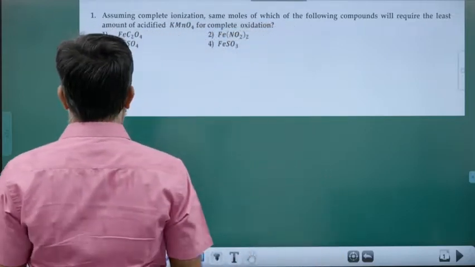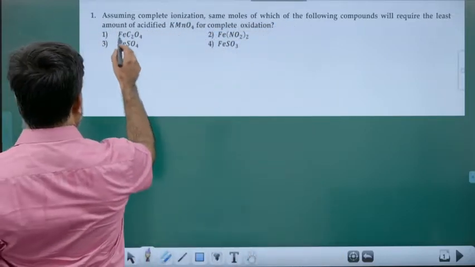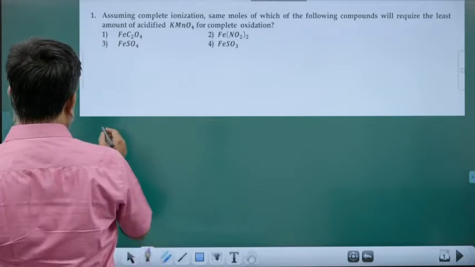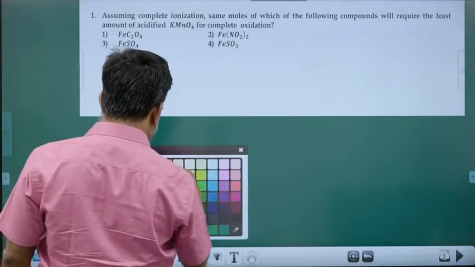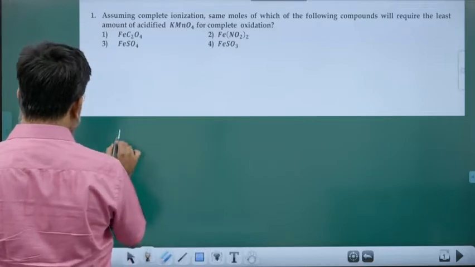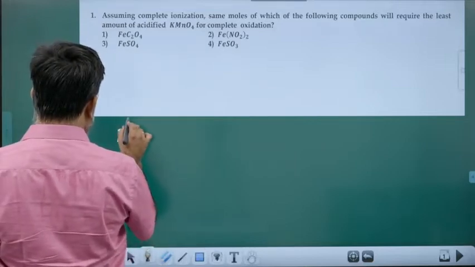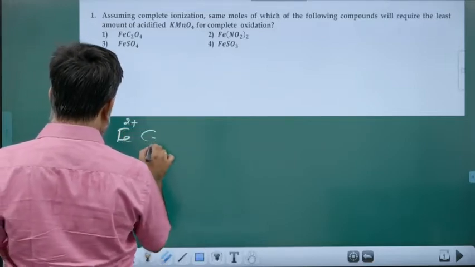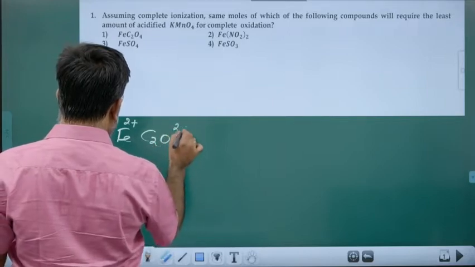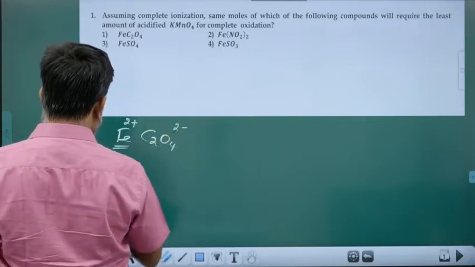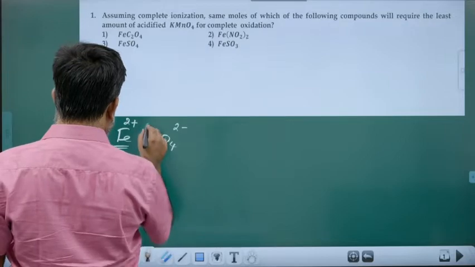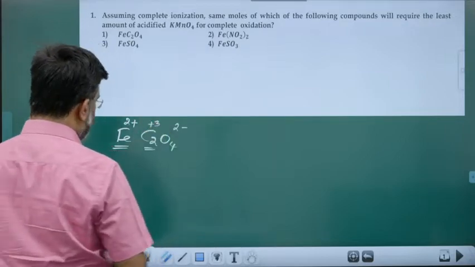Suppose we are taking the first case. You can see it is ferrous oxalate given. In ferrous oxalate, Fe2+ and C2O4 2-, iron is in the +2 state and carbon in the +3 state.